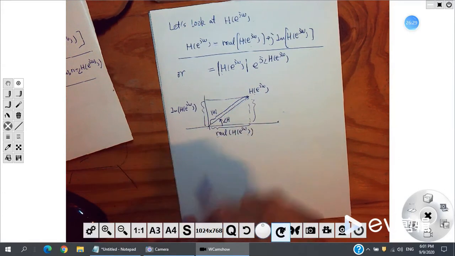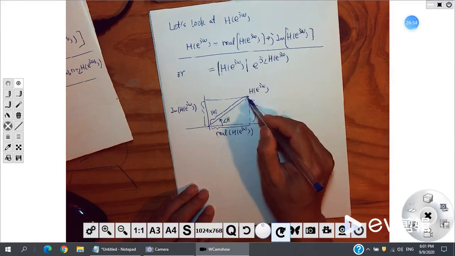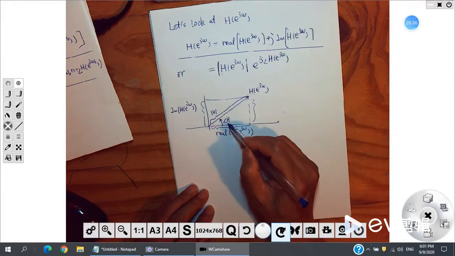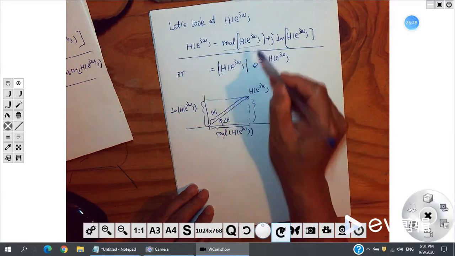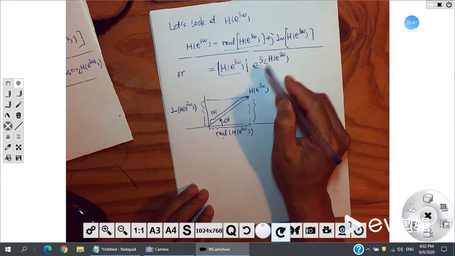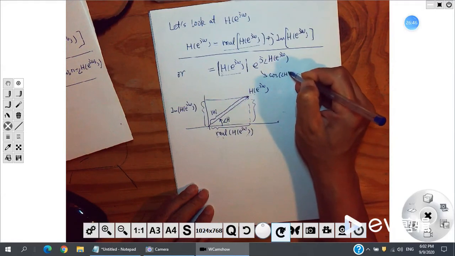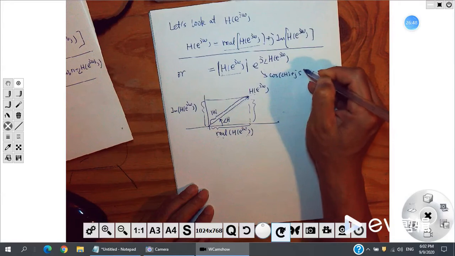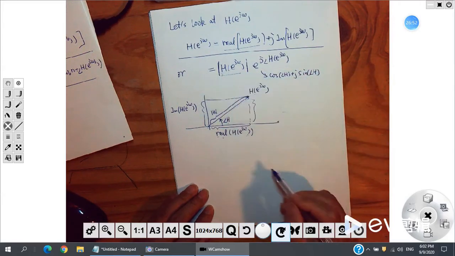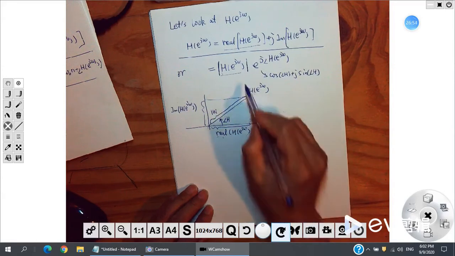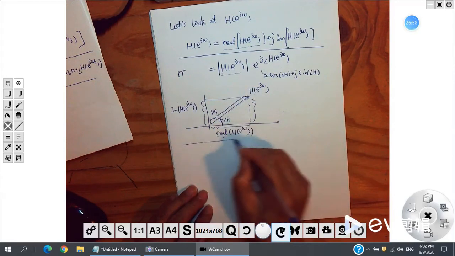The fraction is the cosine of this. In other words, this length times cosine of this angle equals this. So the real part equals this one times cosine of it. Cosine of this angle plus j times the sine of this angle. So we have this one. Okay, so this is the relation of that.